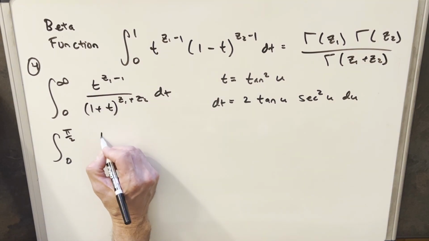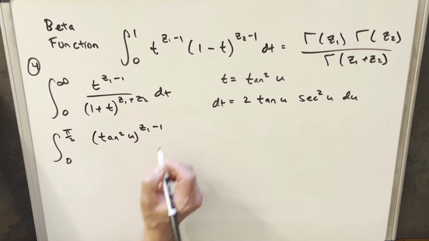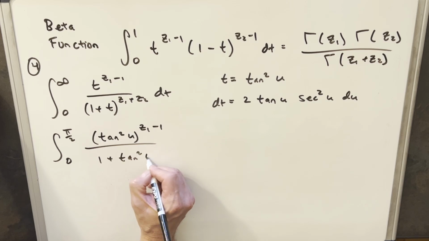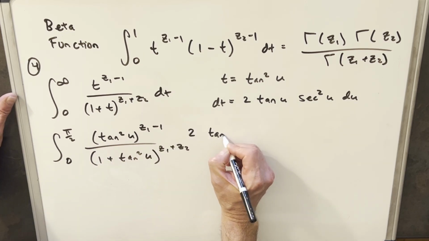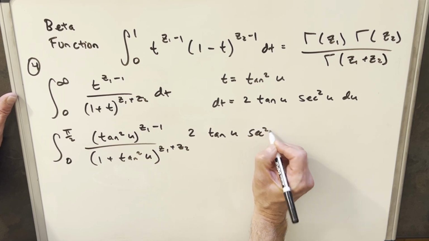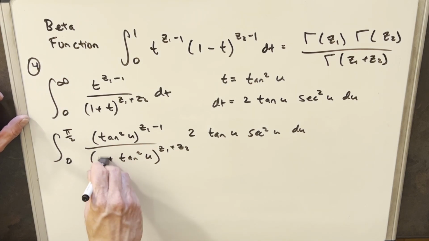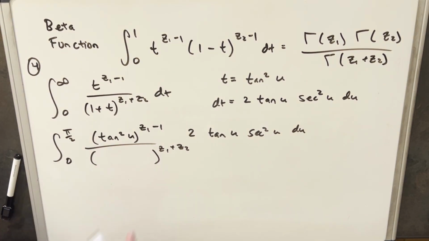Then t again is tan squared of u, so we're going to have (tan squared u)^(z1 - 1). And then here again, we're going to have 1 plus tan squared u. Then for dt here, we're going to have 2 tan u secant squared u du. Well, for 1 plus tan squared u, I'm going to use this identity that's equal to secant squared. So let's just write that in here.